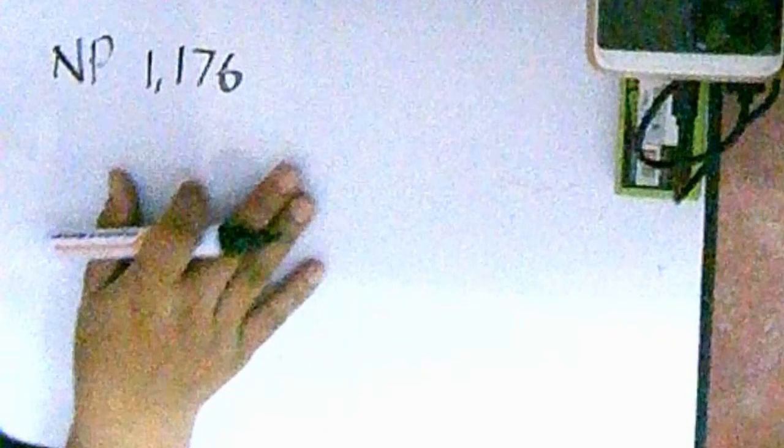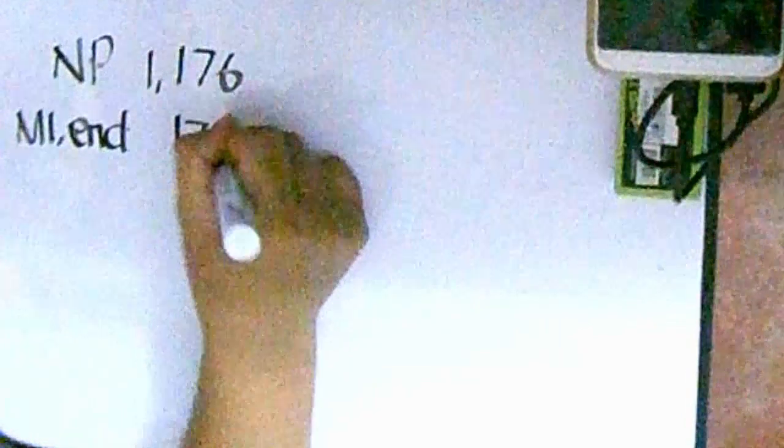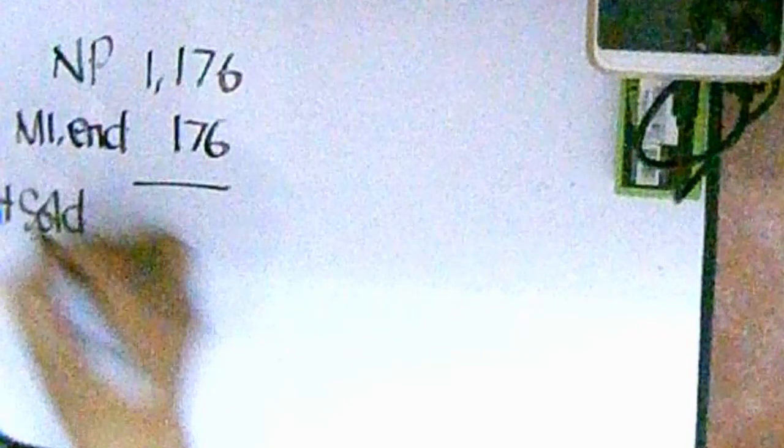So, ang tawag natin doon, yun yung tinatawag na merchandise inventory and yan yung naiwan, unsold portion. So, out of 1,176, may naiwan na 176. Ibig sabihin, yung cost ng ating sold is 1,000.